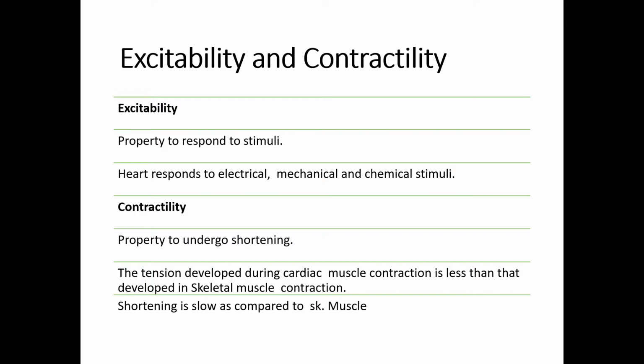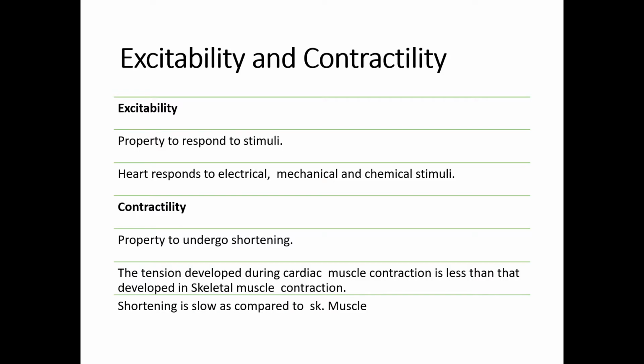For example, heart muscles are supplied with autonomic nerve fibers, and whenever needed, they give the stimulus and the muscle will respond to it. In normal conditions, there is a balance between autorhythmicity and autonomic control, meaning the autonomic nervous system has some control over the heart.